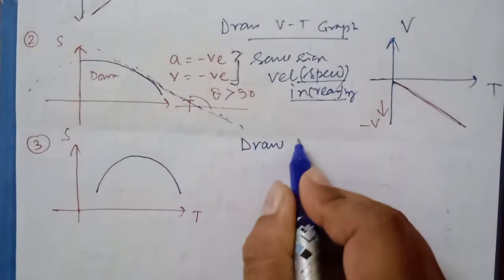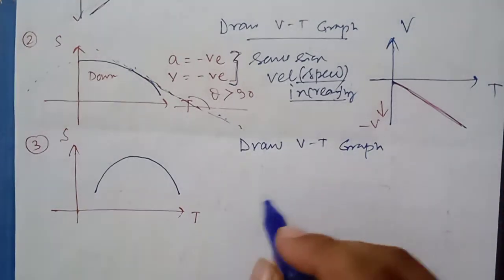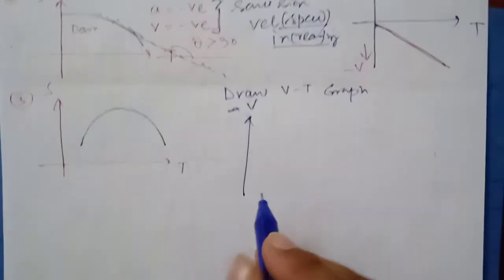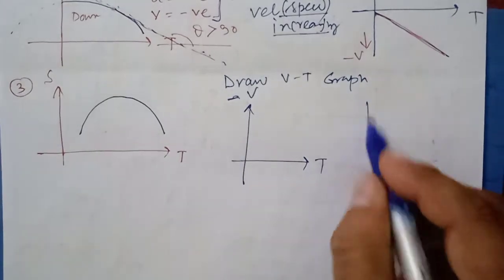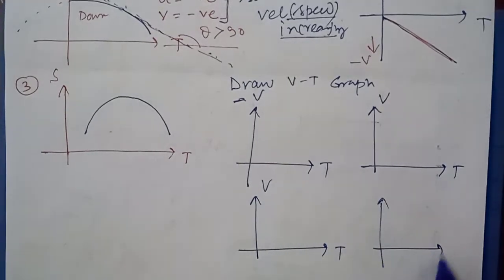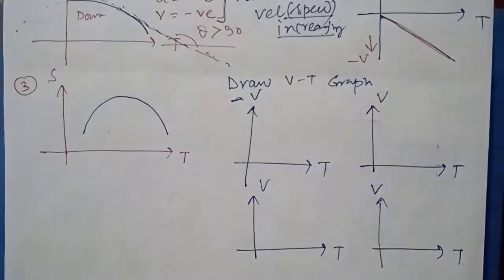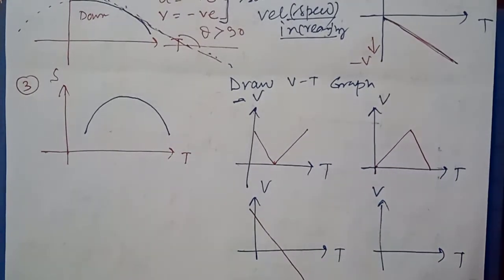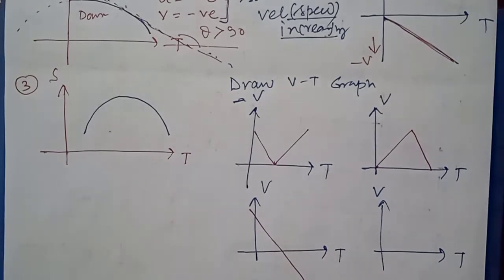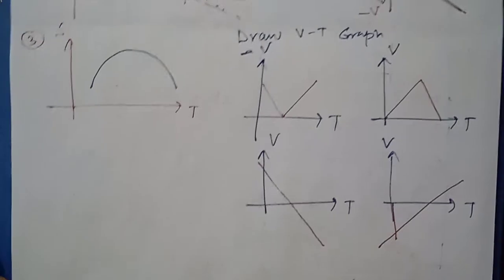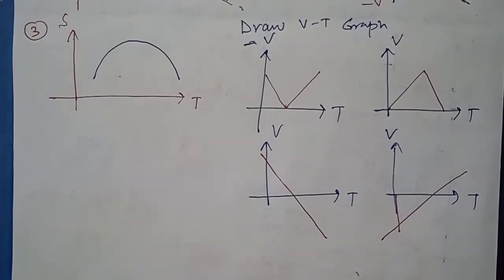This is a multiple choice question, with four options for the VT graph.